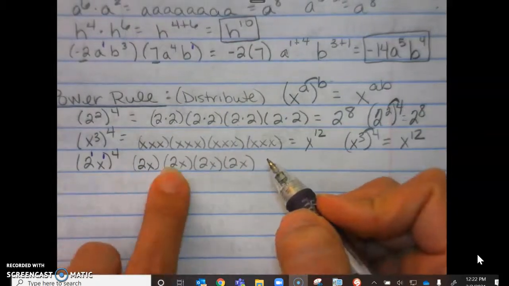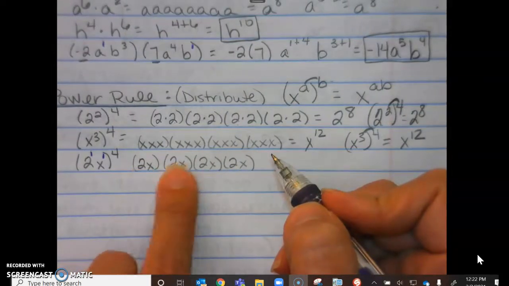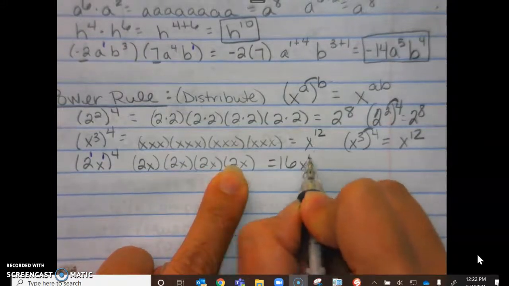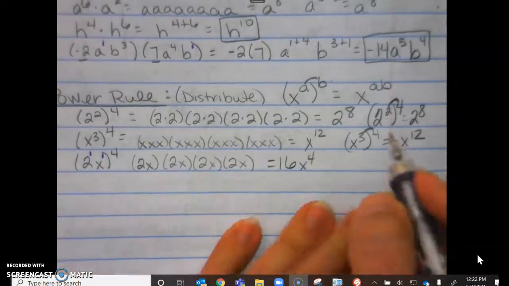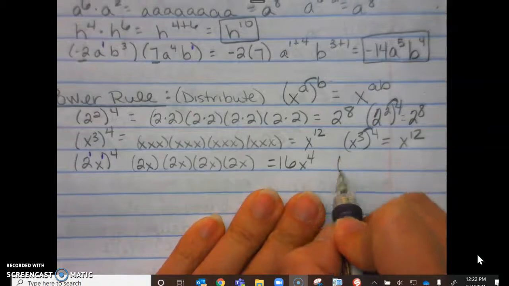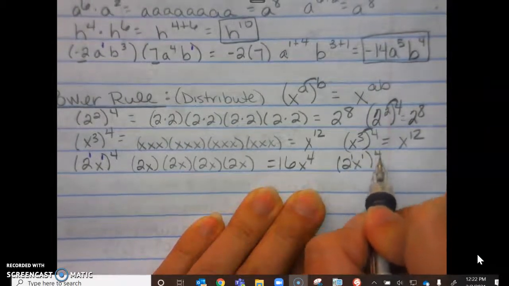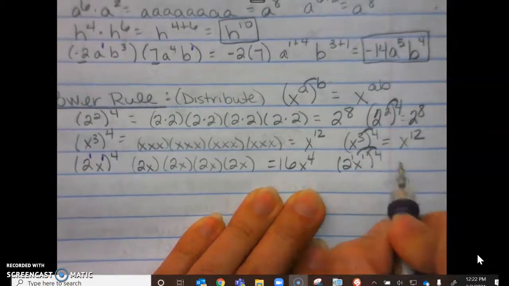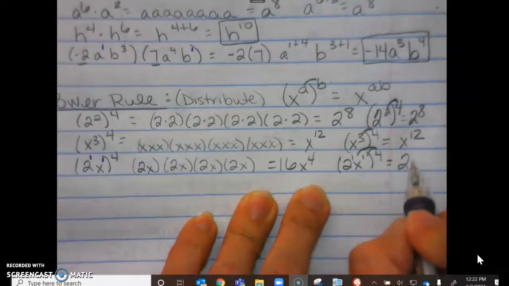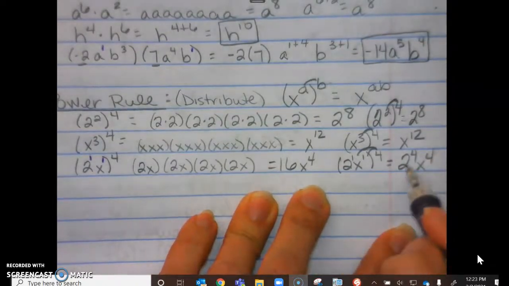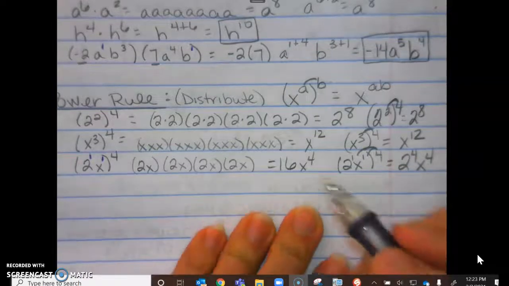Well, I know 2 times 2 times 2 times 2, so 4 times 2 is 8 times 2 is 16, x to the 4th. So how does the rule work? 2 to the 1st, x to the 1st, to the 4th power. So I have to distribute this 4 on both of them because they are inside the parentheses. And I know that 2 to the 4th is 16.